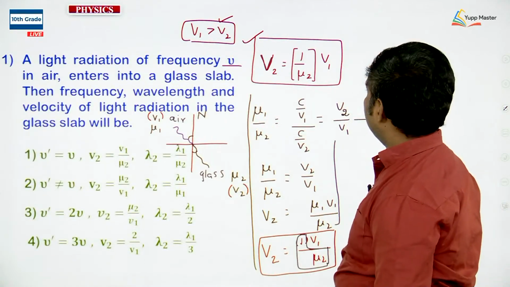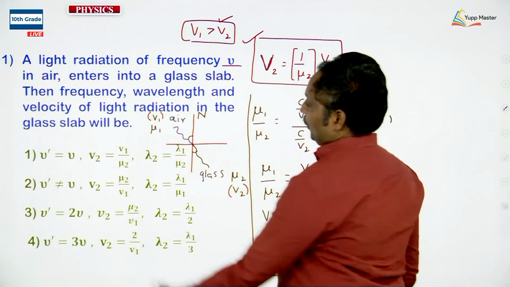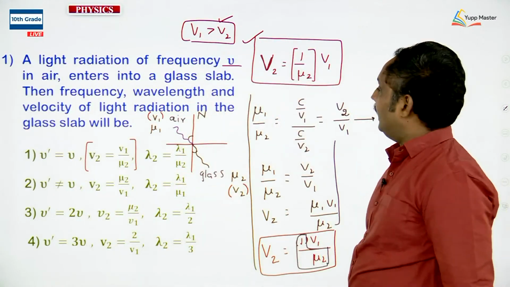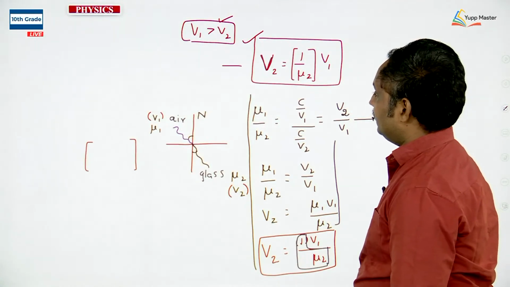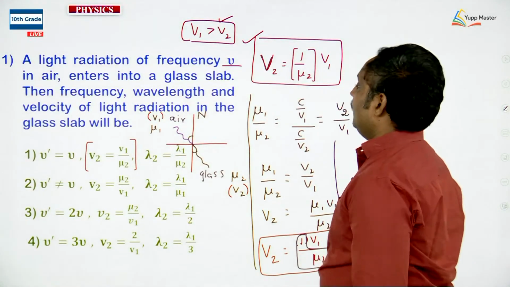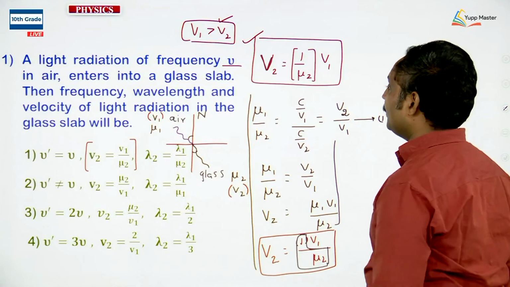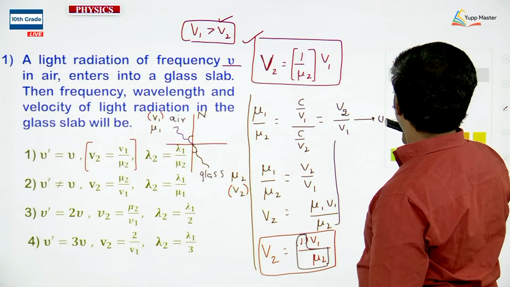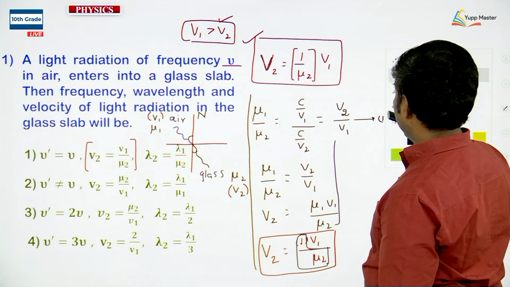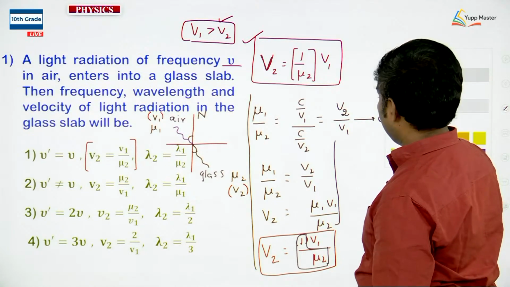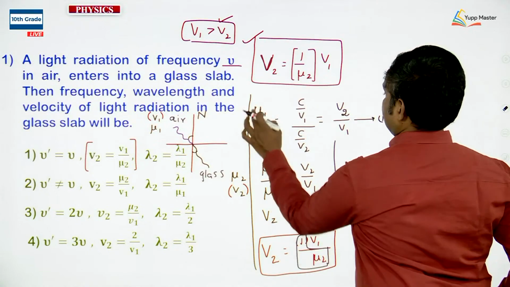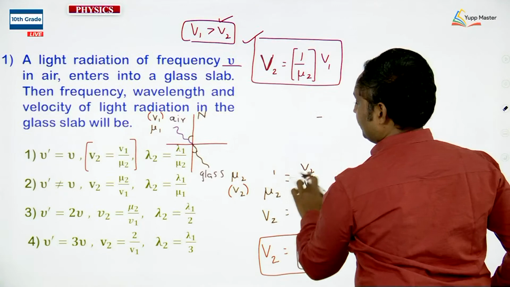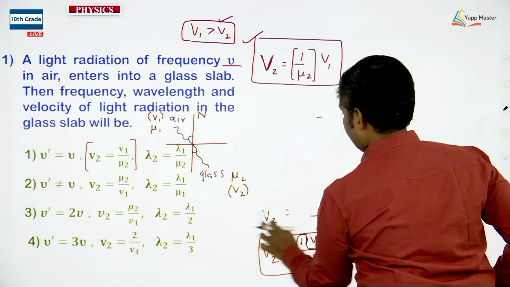Right. Let's go for this. V2 is equal to, we have obtained this one. Yes. Let's go for another one. It's going to be erased due to the limited space, we can erase some part.